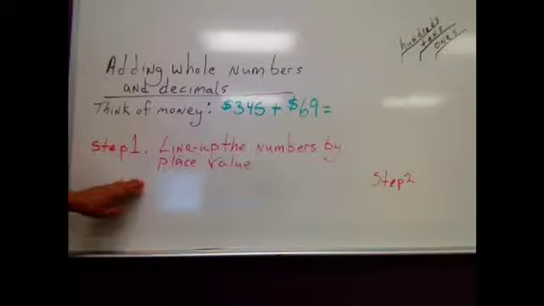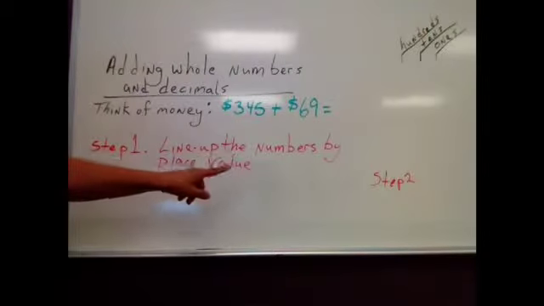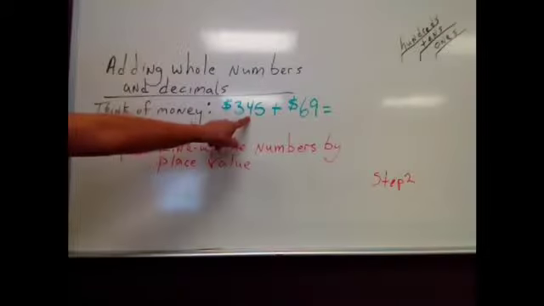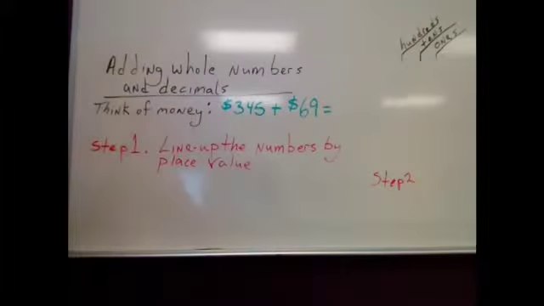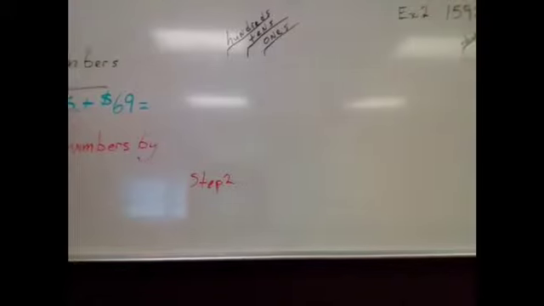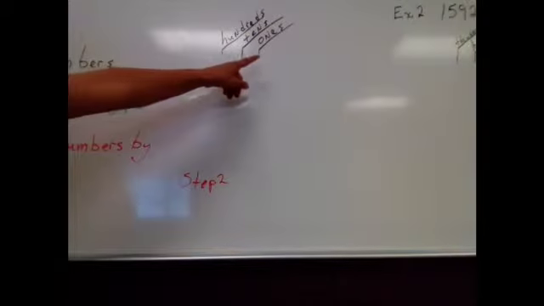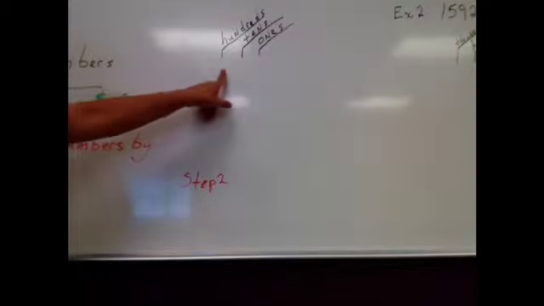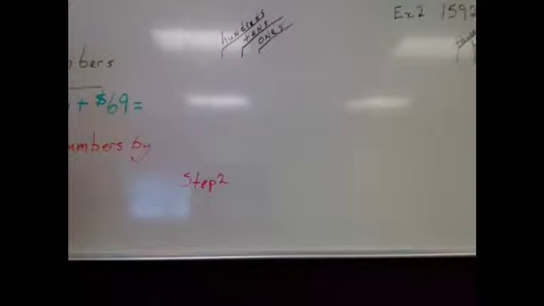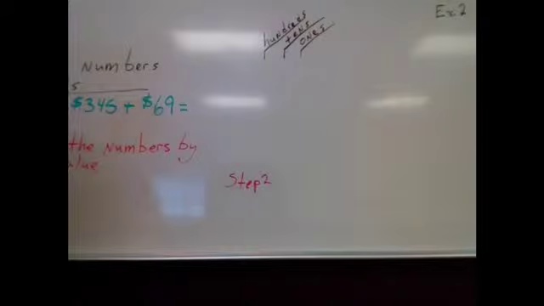Now, how are we going to set up this problem? Step one is we're going to line up the numbers by place value. So we're going to go over here and look at place value. We see ones, tens, hundreds. You guys remember that from elementary school. We're going to take our original numbers, and let me slide this over so that you can see it.